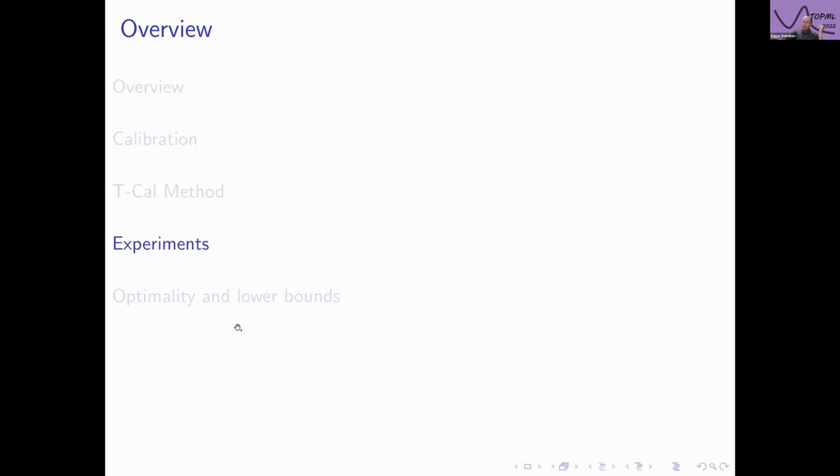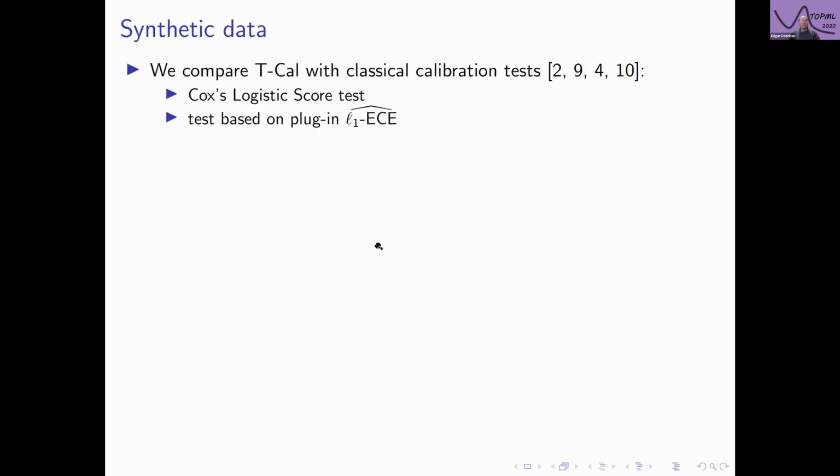Okay, so let me show you some experiments to convince you that this can actually run on modern settings. So we compare our TCal method with some classical calibration tests that I already introduced, the Cox logistic score test, and also a very popular approach, which is just to use the plugin version of the L1 ECE, for which there is no theoretical known way to debias it at the moment.